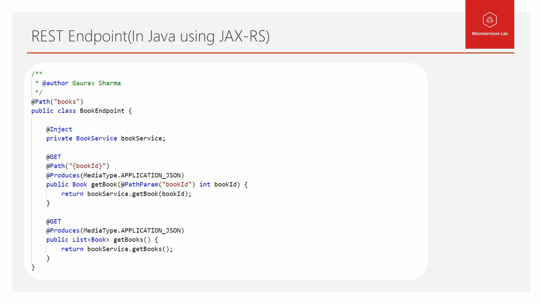The getBook method is identified using the HTTP method get, the path, and lastly the media type, which is application/JSON. Similarly, the getBooks operation is identified using the HTTP method get and the media type application/JSON. So this is an example of an endpoint.